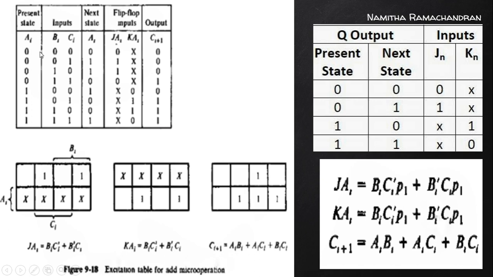Okay, so from the present state of AI and with new input BI and carry-in value, now generate the next state of AI and C out values here. Based on this, we need to identify what are the J and K values required for our JK flip-flop implementation.